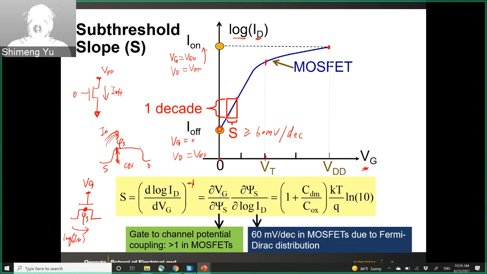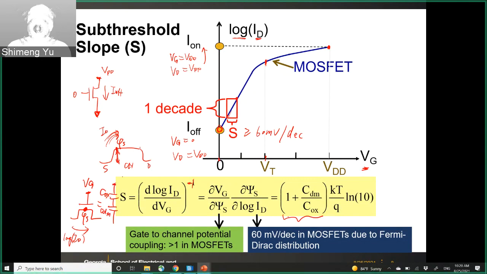So the first term you can express into this capacitor model, because essentially here you can think of two capacitors: the gate oxide, and then in the channel you have the depletion capacitance.